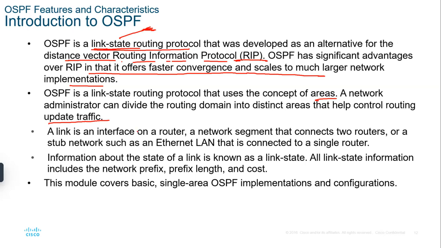So a link is an interface on a router. So you don't need to get confused. What is a link? A link is just an interface on a router. A network segment that connects two routers, or a stub network such as an Ethernet LAN that is connected to a single router.